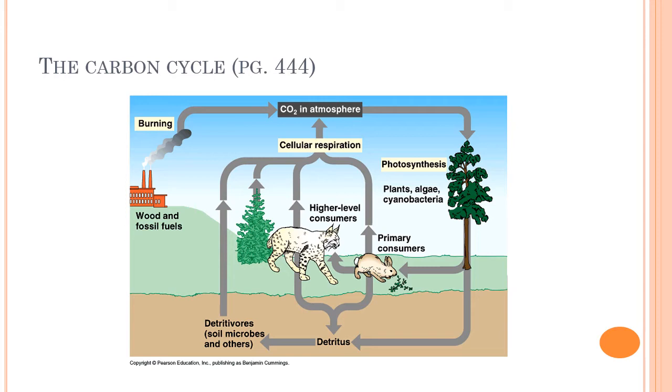And then we have primary and we have higher level consumers eating it. They breathe it out in the form of CO2, and then plants take back in that CO2 and then recycle the matter on the very simplistic terms. So we're starting here, we cycle up, and we breathe it through, and we create a very simple carbon cycle.